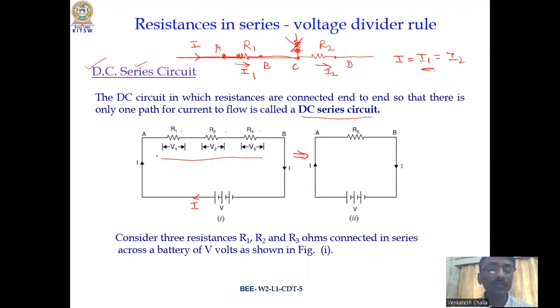So what current was flowing before, the same current will flow because these three resistances are now replaced by a single resistance. When is that possible? When this RS is R1 plus R2 plus R3, then the same behavior will be there.